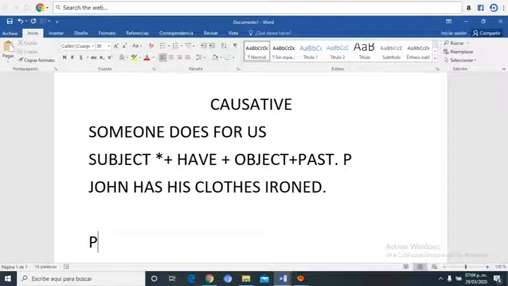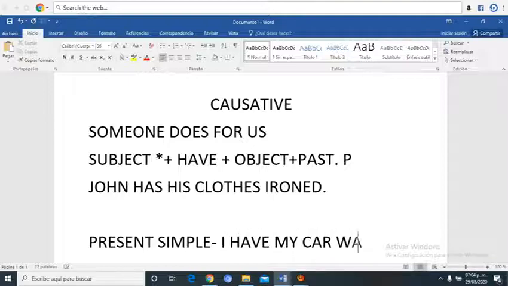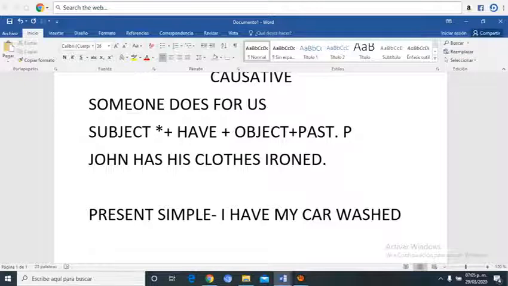For example, for present simple, I can say that I have my car washed. This means that another person washed my car because I didn't do it. Okay? Or because I didn't want to do it.